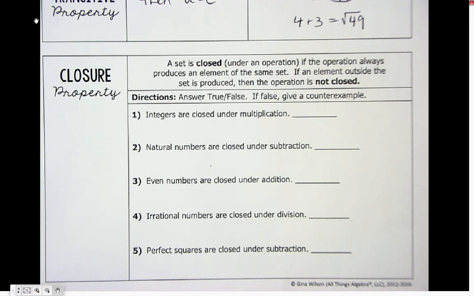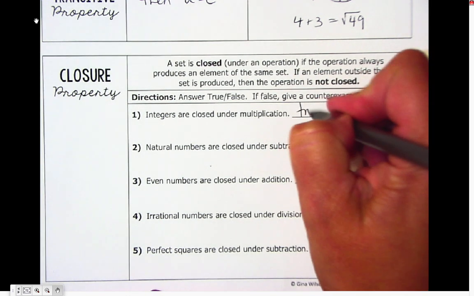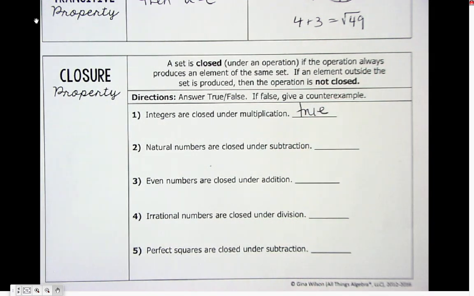First one says integers are closed under multiplication. So if I multiply two integers together, I'm always going to get an integer. There's never a case where I'm going to multiply two integers together and not get another integer. So this one's going to be true. Okay, the next one, natural numbers are closed under subtraction.